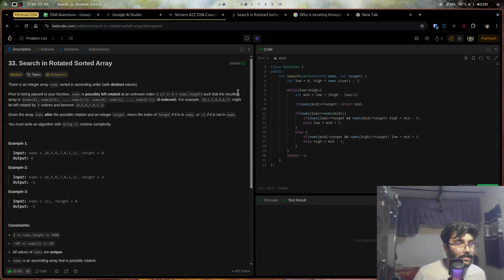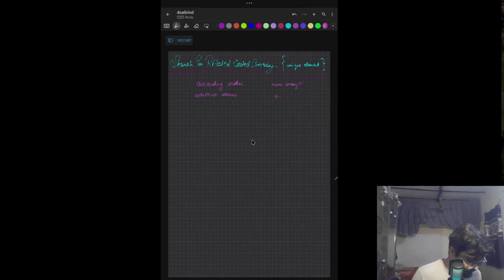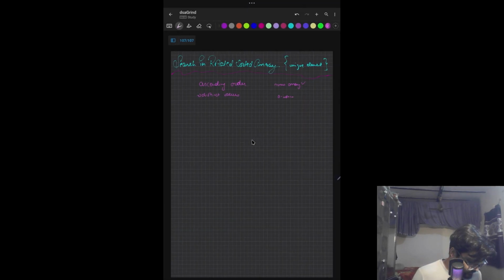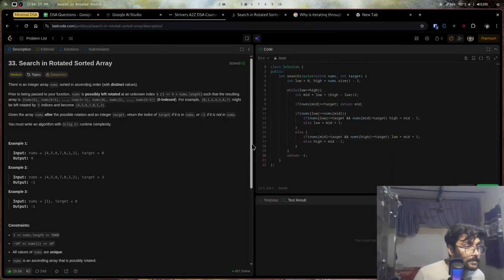Such that the resulting array is this, right? It's a zero-indexed array. For example, this might be left rotated by 3 indices and become this. Okay, cool. Given the array nums after the possible rotation and an integer target, return the index of target if it is in nums, or -1.